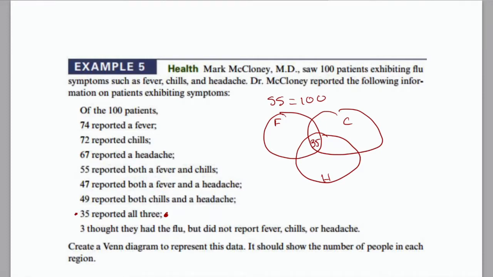So I'm going to do fevers and headaches. For fevers and headaches, we had a total of 47, but we're going to subtract 35 again, and that's going to give me a 12, so this is a 12 right there.